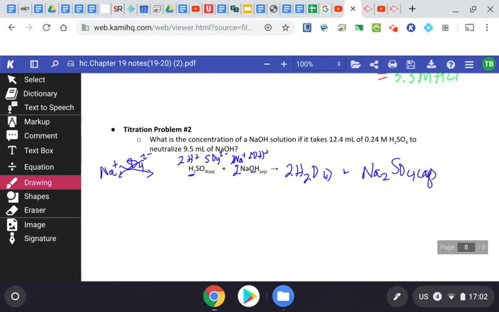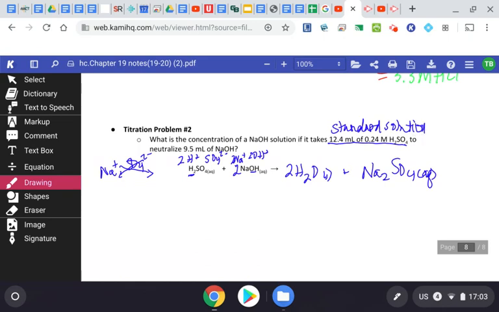All right, next up, we are going to identify our standard solution. Standard solution is the solution that we know its concentration. We know the concentration of sulfuric acid. So this is our standard solution, and this is where we're going to start our problem.